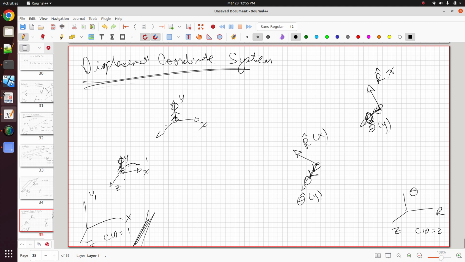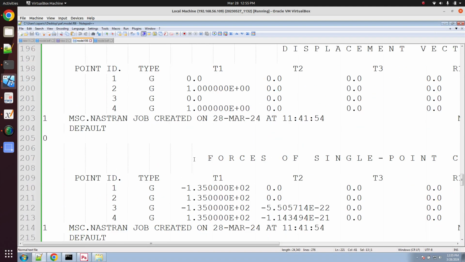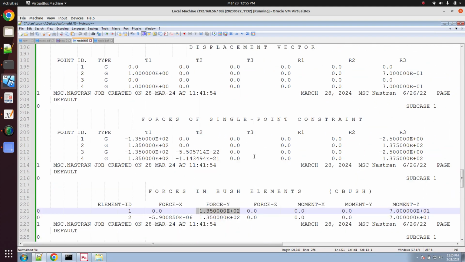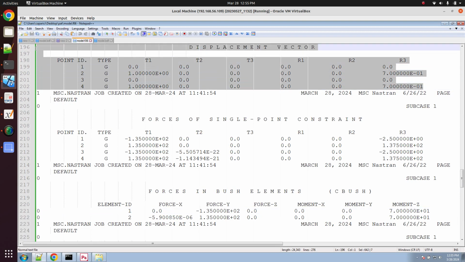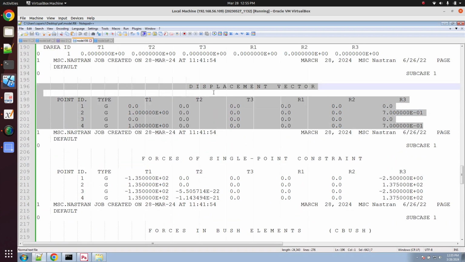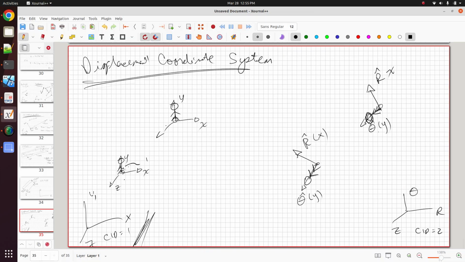When you look at a Nastran analysis, these displacements are reported in the displacement coordinate system. So here, let's suppose that this displacement coordinate system is cylindrical. For these two, the displacement coordinate system is this rectangular coordinate system.